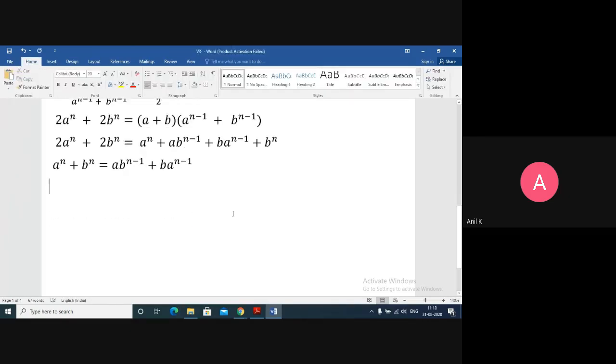Okay, see, we are doing nothing new. We are using only those exponential formulas, product of the terms, nothing new. Now what you can do here is keep this a to the power of n here itself.